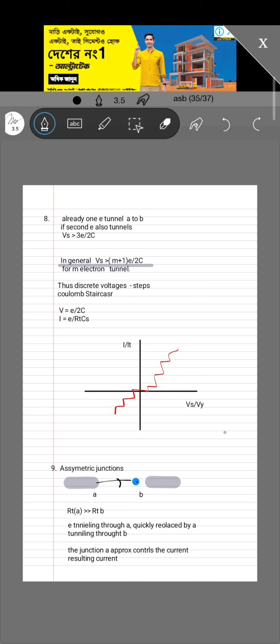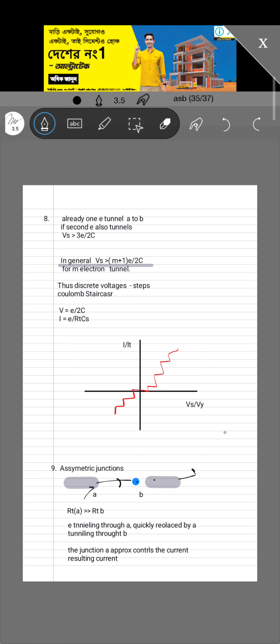And what this system does is that as soon as there is a transfer of electron taking place, the junction gets quickly replaced.